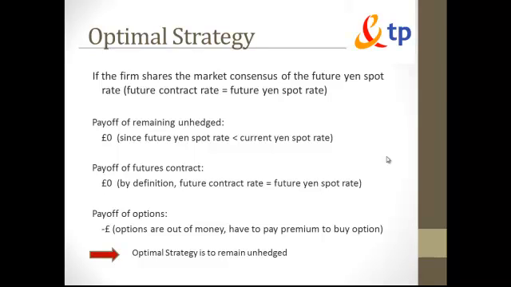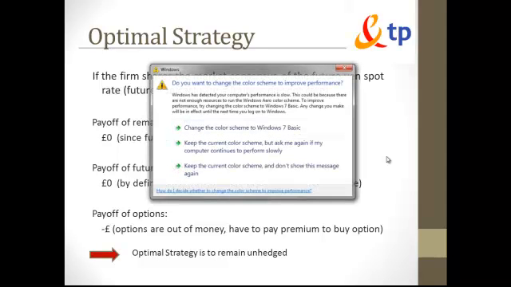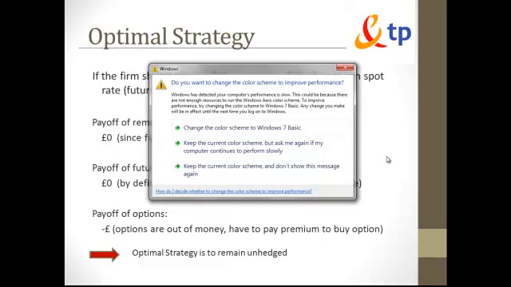However, with the options, since the strike price of both the options are above the current spot rate, even though we expect the spot rate to decrease, we'll just let both options expire under these assumptions, but we have to pay a premium to buy the option. So the options will expire.